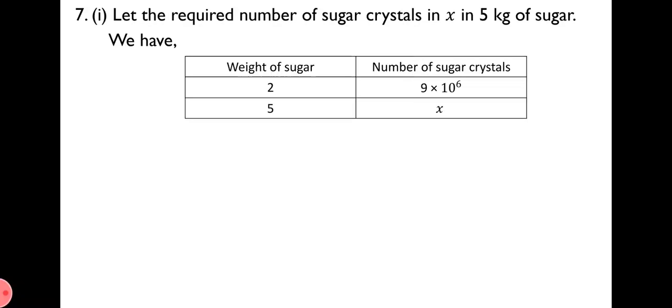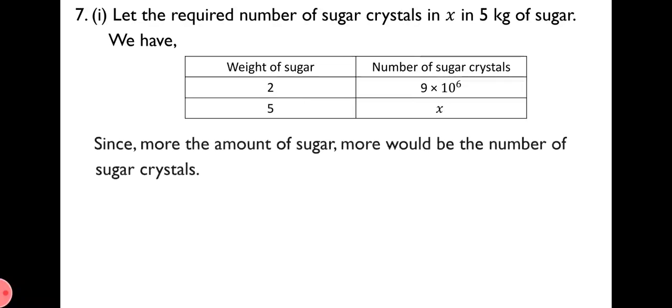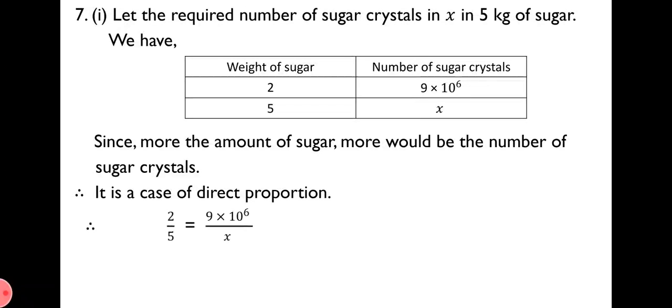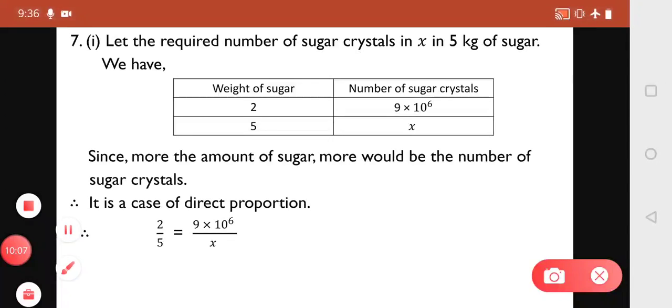If the sugar is 5 kg, how many sugar crystals do we have? Suppose x, so we write it as x. Since the more the amount of sugar, the more would be the number of sugar crystals, it is a case of direct proportion. Therefore, 2 upon 5 equal to 9 into 10 raised to 6 upon x.